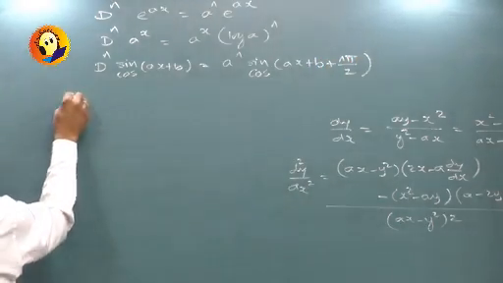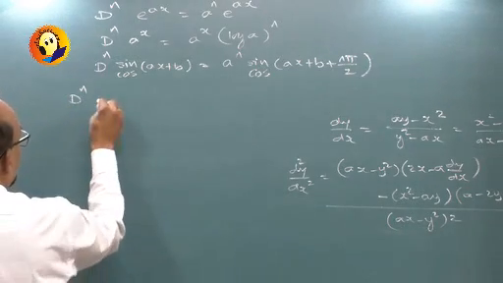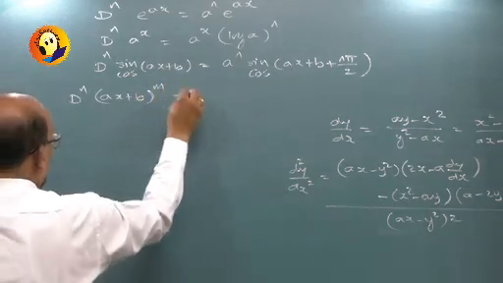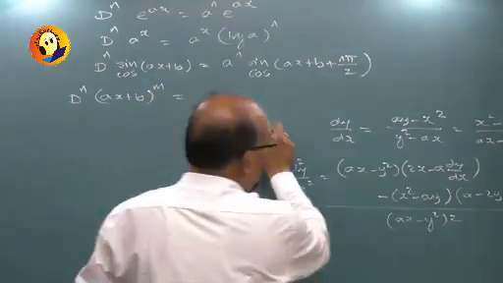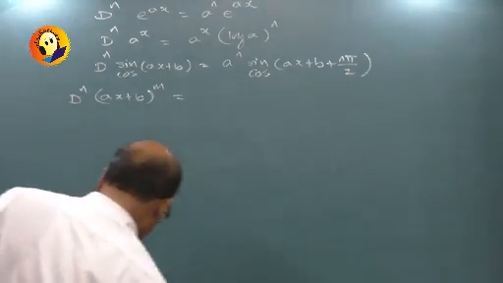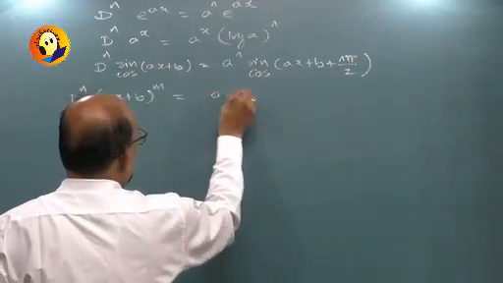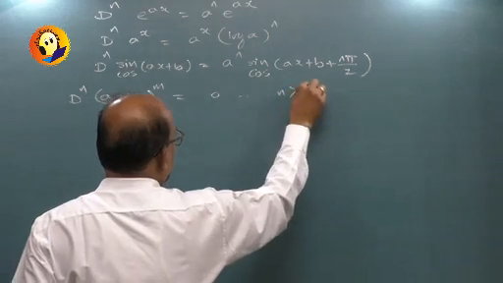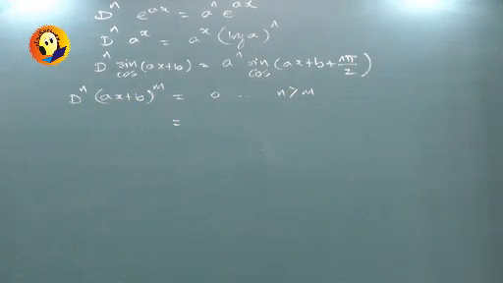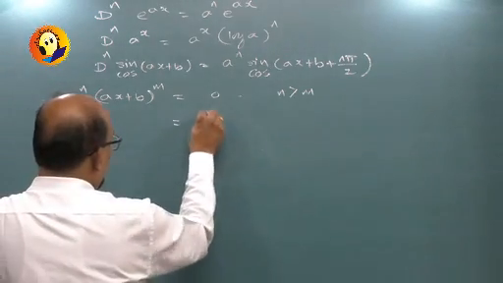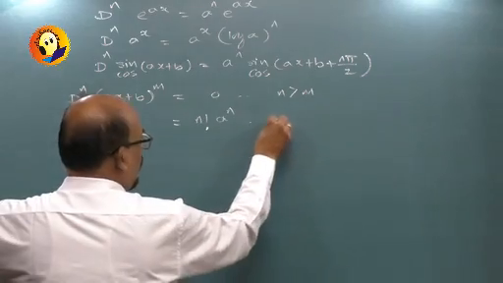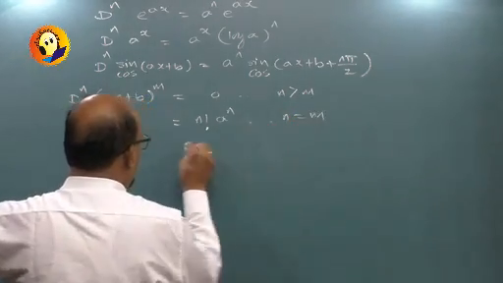What is nth derivative of (ax plus b) bracket raised to m? Now there are 3 formulae. First one says that it will be equal to 0 if n is greater than m. It will be equal to n factorial a raised to n when n is equal to m, right?